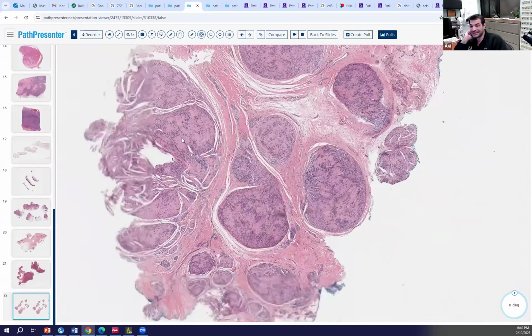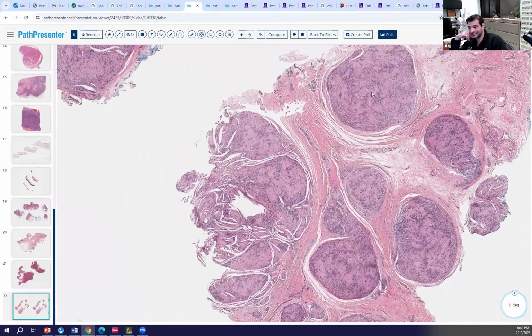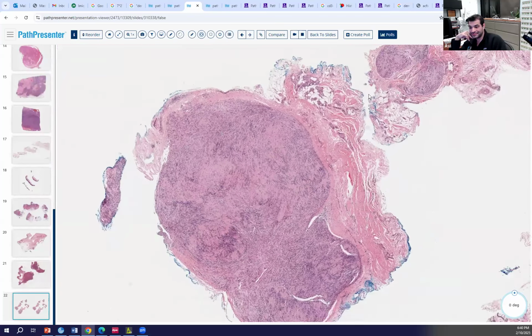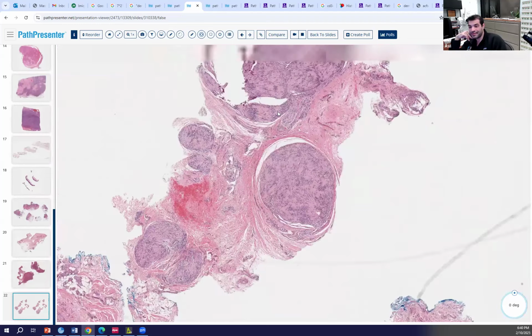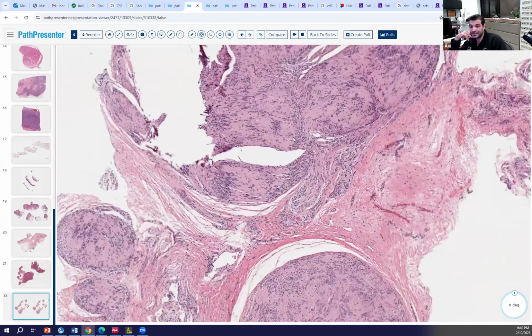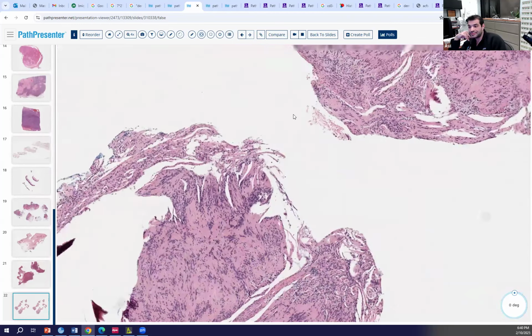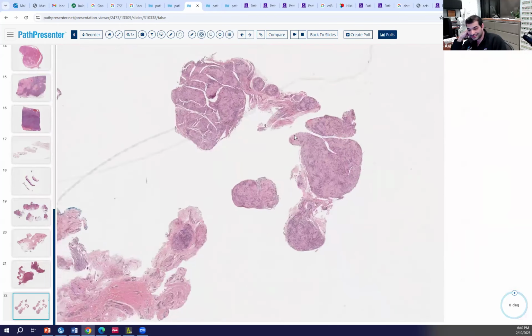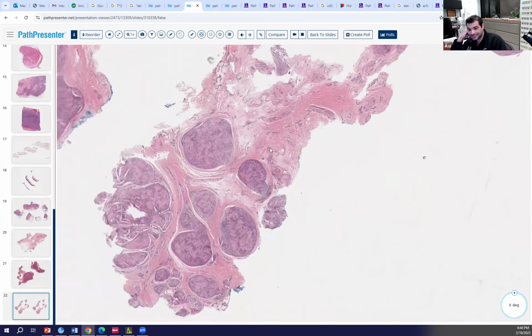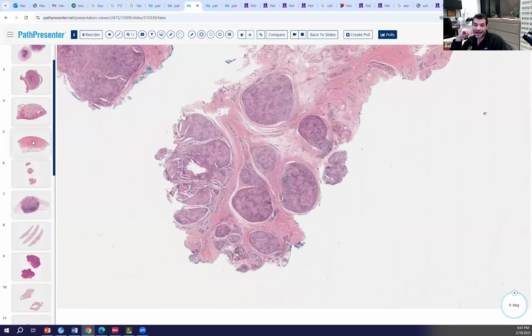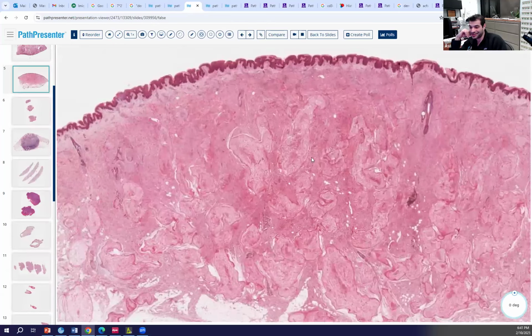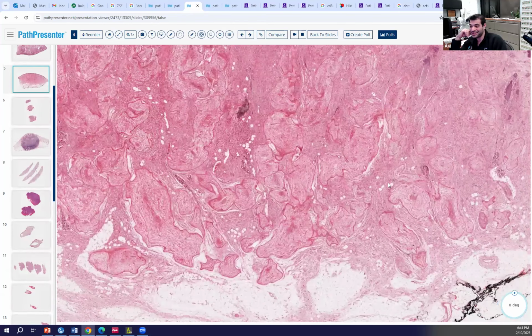It's multifocal as hell in this case. In fact, you're not even sure where it's encapsulated. They probably are encapsulated. But why is it so multifocal? In fact, it kind of has this sort of architecture. That's also multifocal.